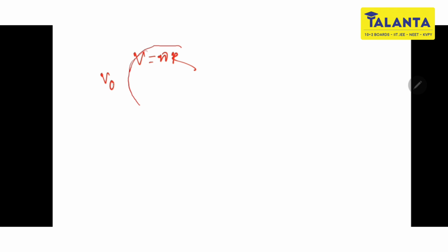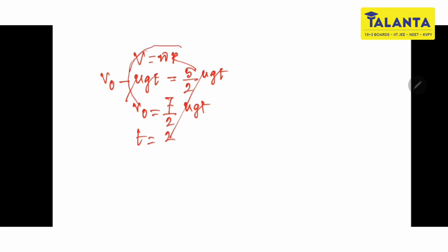That means v0 minus mu gt equals 5 by 2 into mu gt. That means v0 equals 7 by 2 into mu gt, so t equals 2 by 7 into v0 by mu g.